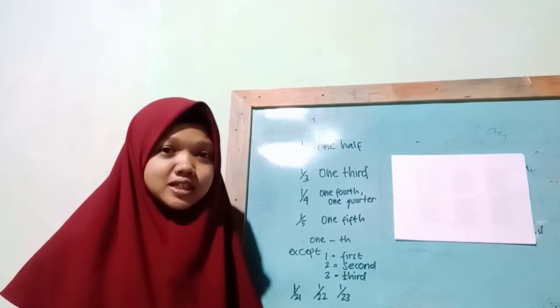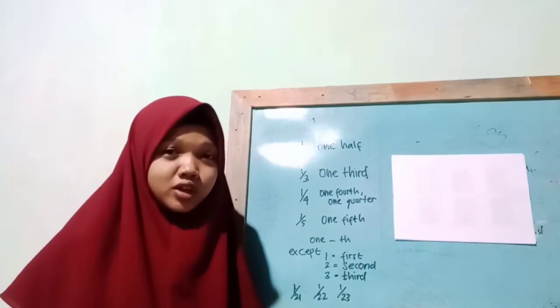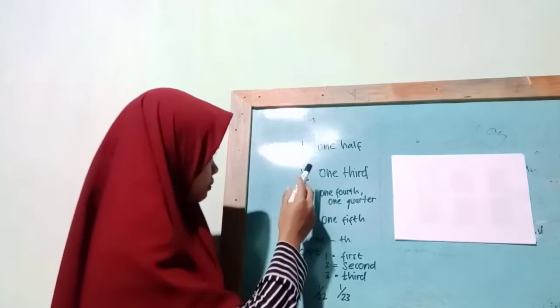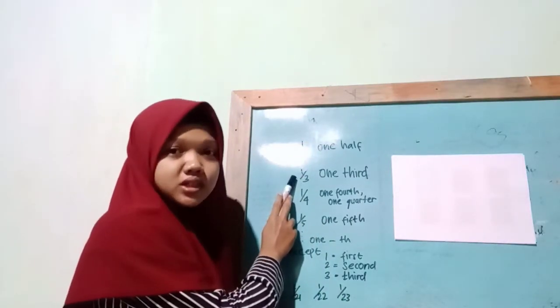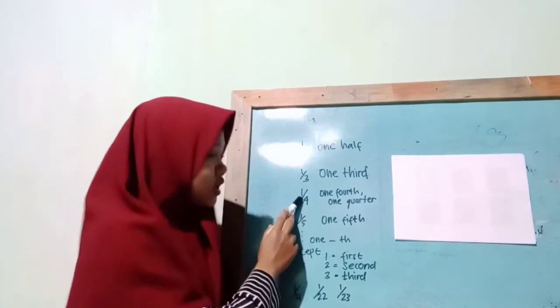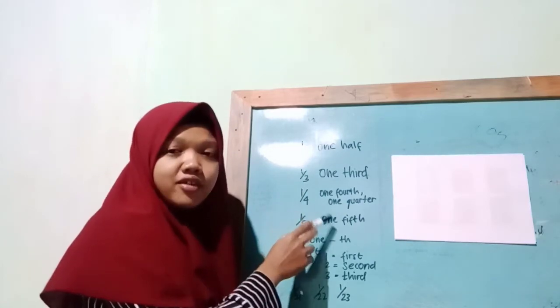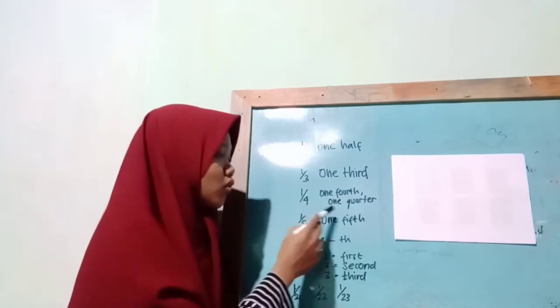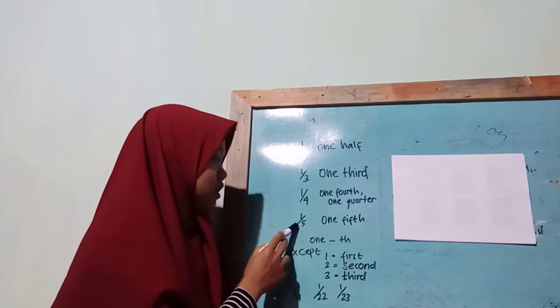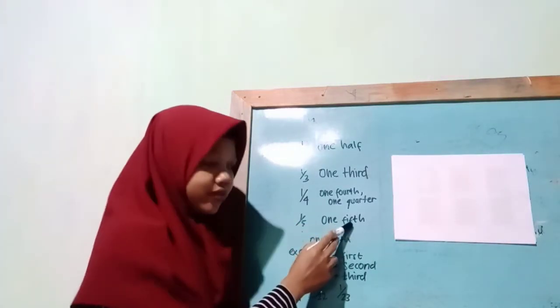Okay, here is some common terminology for fractions. This is 1/2, 1/3, 1/4. These have their own names: a half, a third, a quarter. And this one is 1/5.